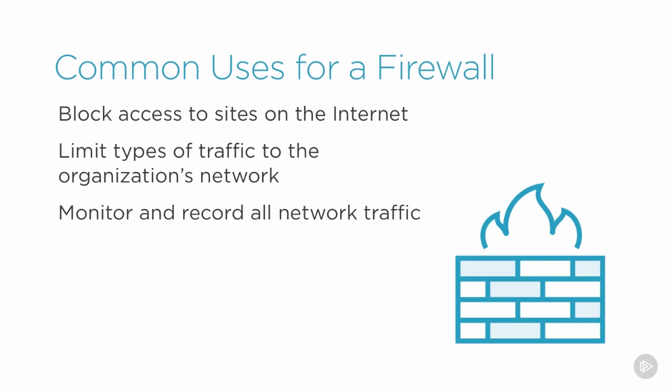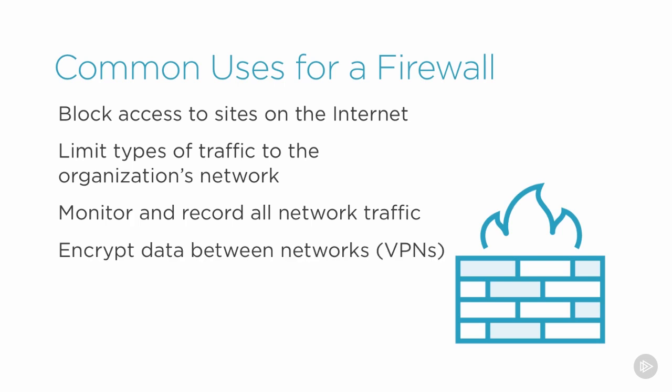Now, the other advantage of a firewall is it allows us to keep a record of what traffic has gone through our network. It can monitor and record the traffic. This will allow us then to go back and investigate if we've had any type of a problem. We also use firewalls quite often as the endpoints for an encrypted tunnel.